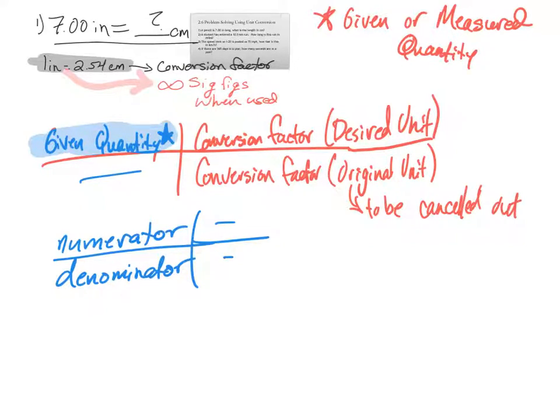Below it is nothing because what we're starting with is just a number. But then we're always going to multiply it by the conversion factor. And I've written here conversion factor where we have the desired unit. And then underneath that is the conversion factor with the original unit, the one that's going to be canceled out. That given quantity we can also call the measured quantity.